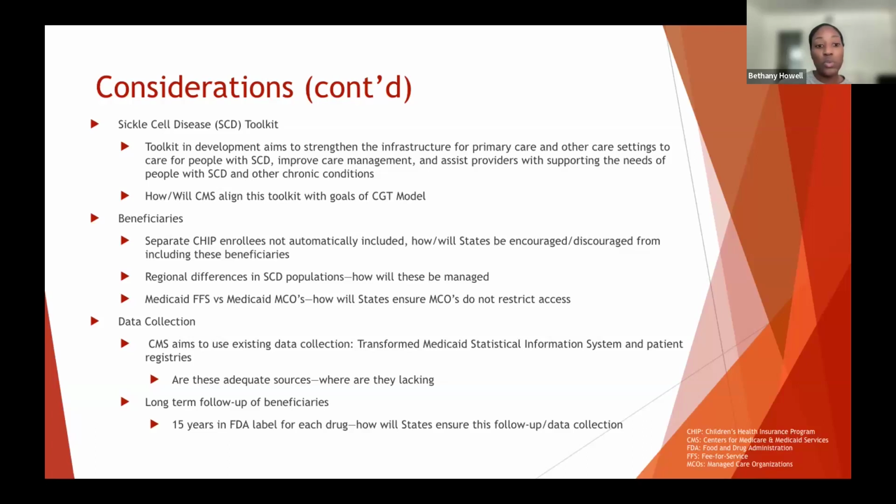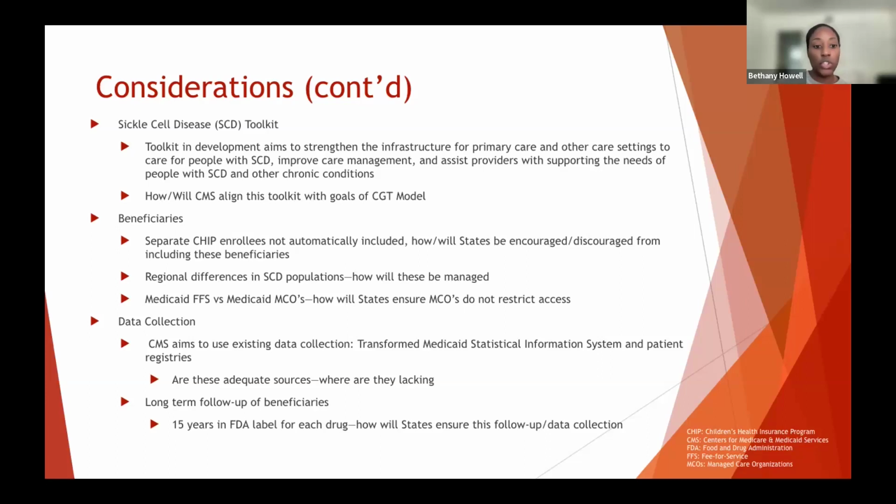There are also regional differences in sickle cell disease populations, and we want to understand how that'll be managed. So the conversations between CMS and state Medicaid directors, how things will be taken into consideration for the model about that. There are also Medicaid fee-for-service versus managed care organizations. And we need to consider how states will ensure that managed care organizations aren't restricting access to treatment through the model.